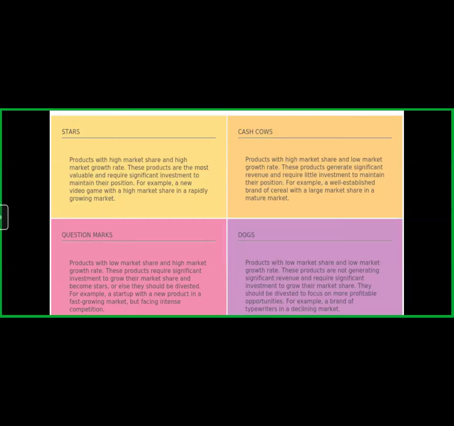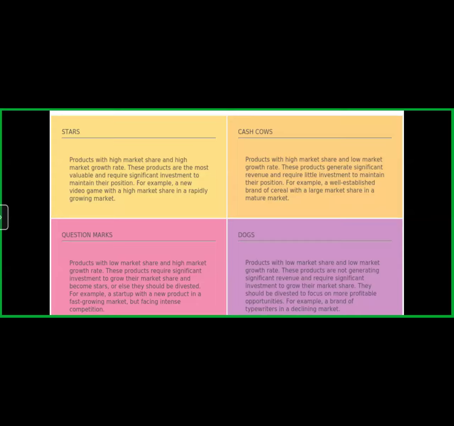The moment they do this, the other brands like Vadilal, like Quality, like Baskin Robbins, are going to overtake them, because everyone wants to be better than the competitor.